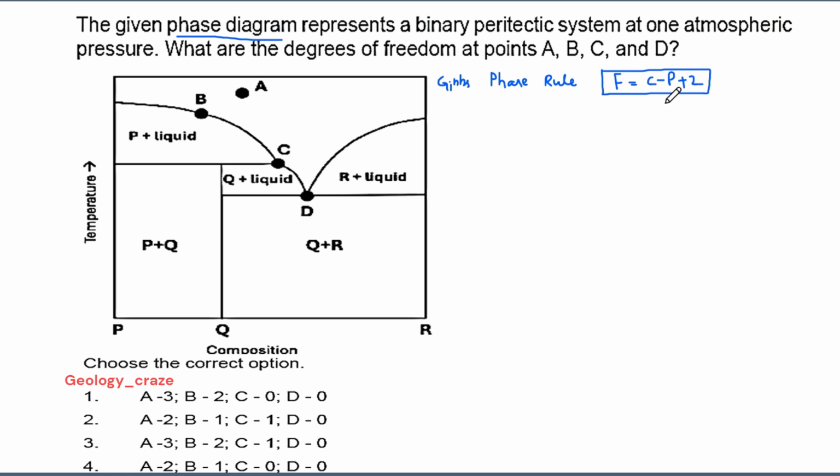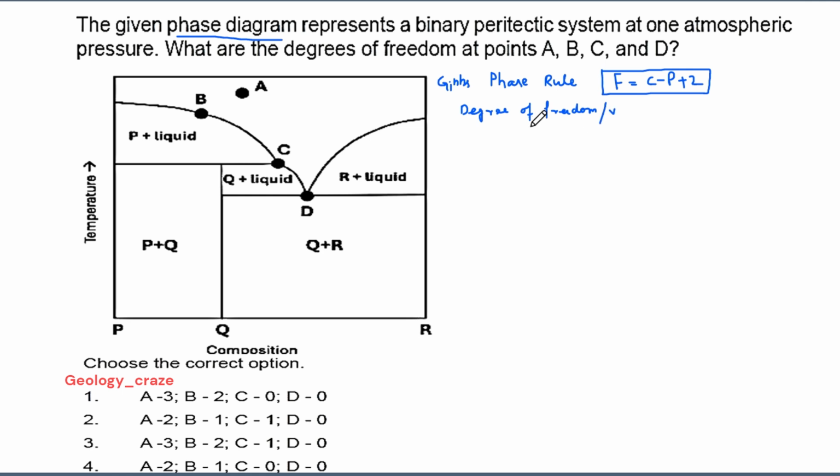What is F, what is C, what is P, and why did he add plus 2 in it? We will understand this first. F means degree of freedom, or there is one more name for this, so don't get confused: that is variance.